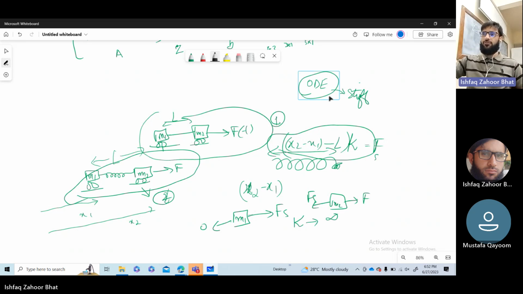Due to that, if you try to use an ODE solver, you have to use very small steps of time. That is why people call it a stiff ODE. And there will be a huge computational load.